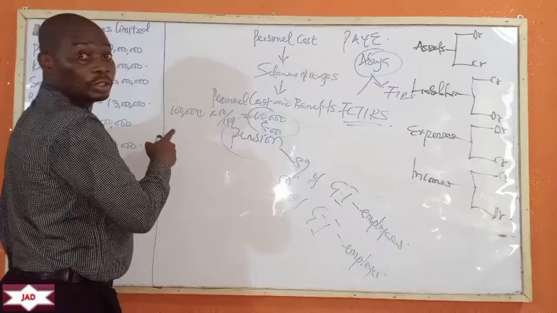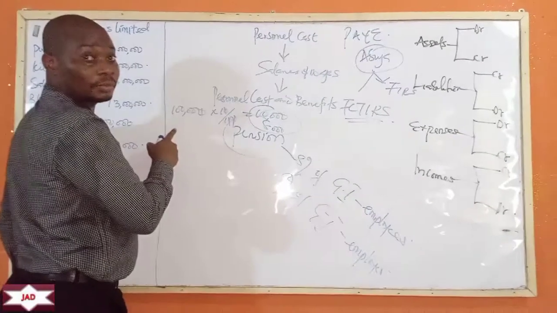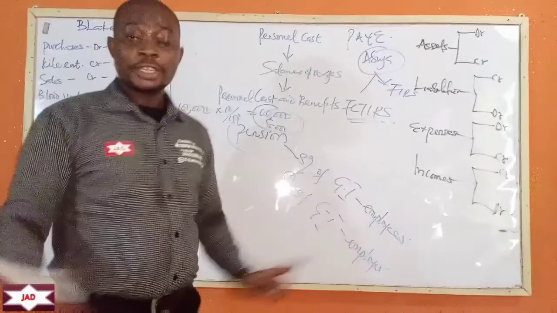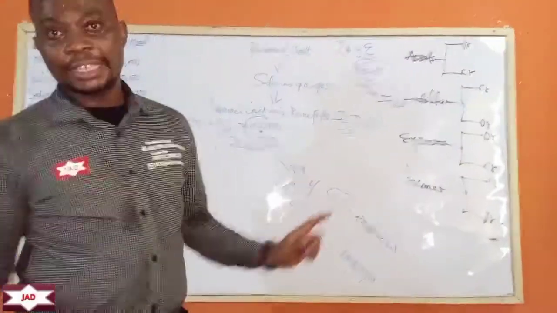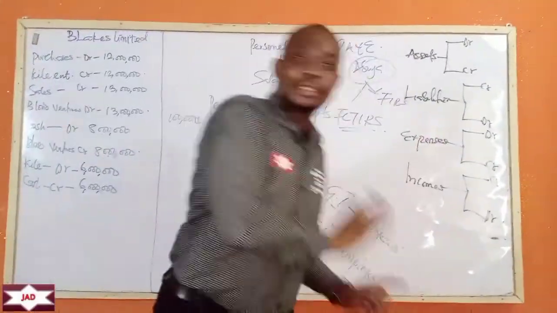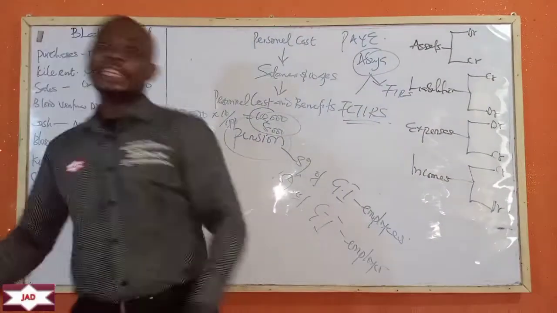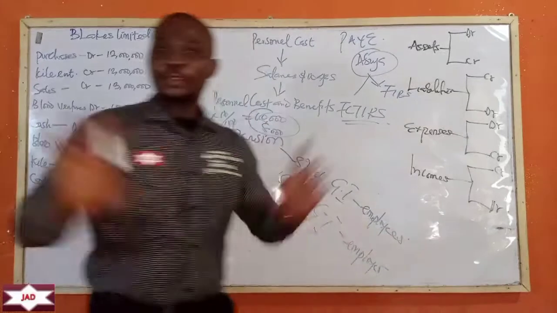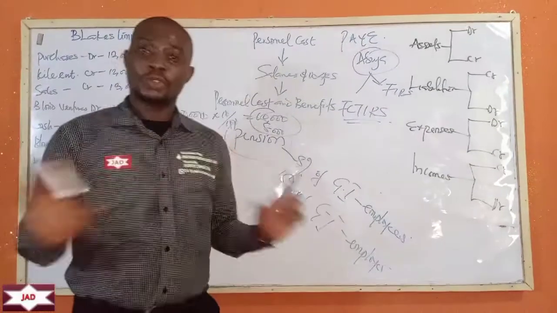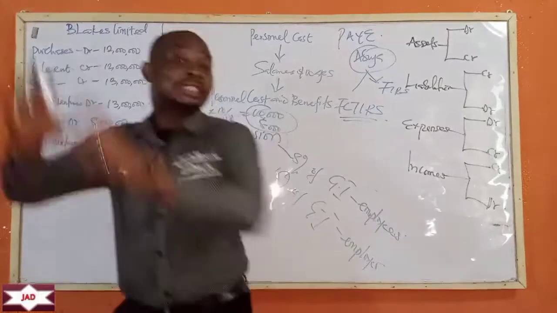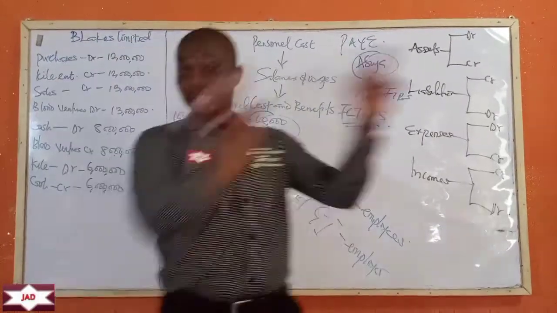Of course, the employee will determine which pension administrator he wants. Anyone the employee chooses, please take. If the employee is saying Stanbic, go. If he's saying ARMS, or Leadway, it depends on the pension administrator that the employee wants. They have a right to choose, and they can even move. These days, an employee that has been using Stanbic can decide to move to another.